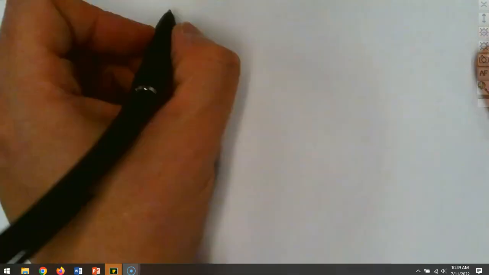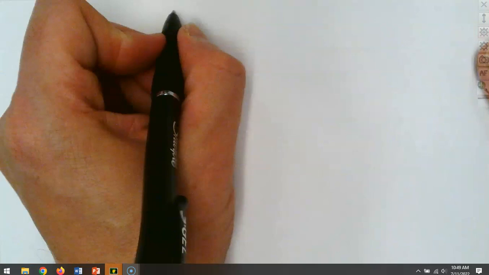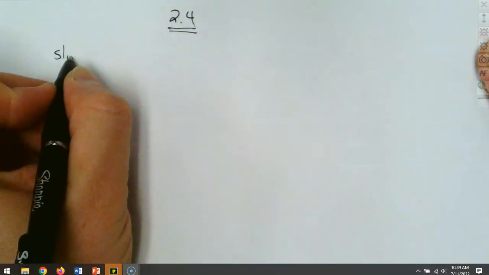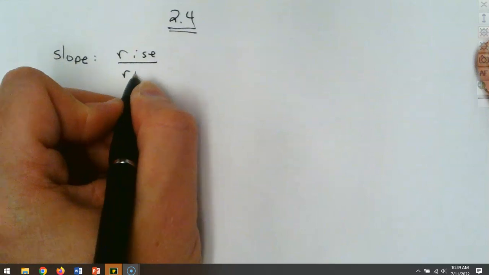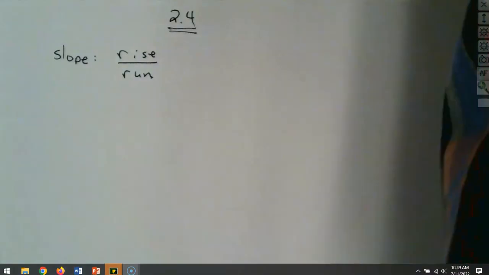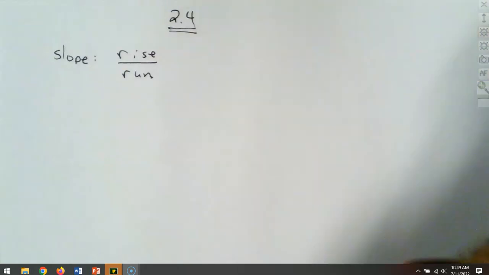2-4 is the beginnings of line equations and slopes. And our slope is going to be defined as rise over run.